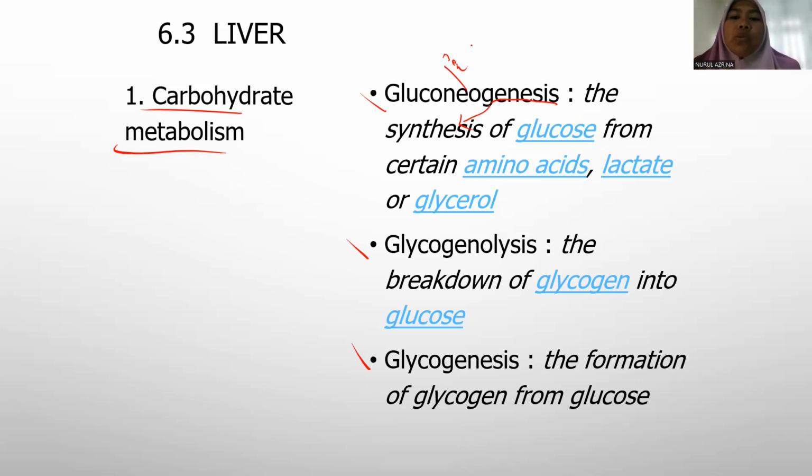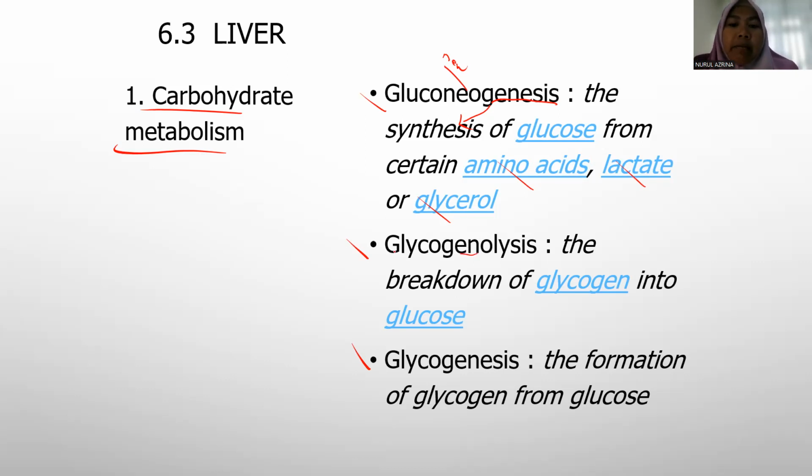Gluconeogenesis is a process to synthesize glucose from something else, like amino acid, lactate, or glycerol. In other words, glycerol and amino acid can be converted into glucose via gluconeogenesis.